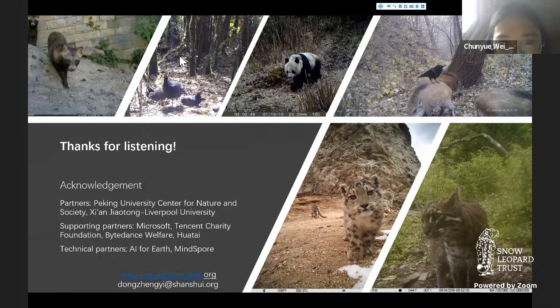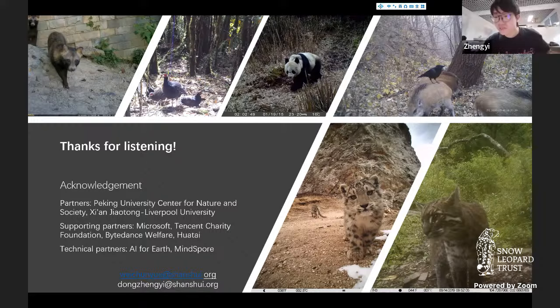I see there are many questions in the chat box, and Zheng-Yi has already answered most of them. Zheng-Yi, do you have things to add for the AI tools or for the questions in the chat box? No, I think, yeah.